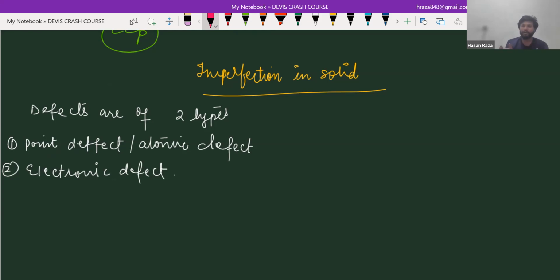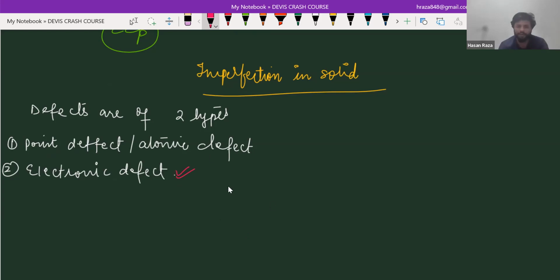Adding another thing is a defect, right? If something is pure and you add something, that will be a defect. So that is basically electronic defect, and that is very easy.